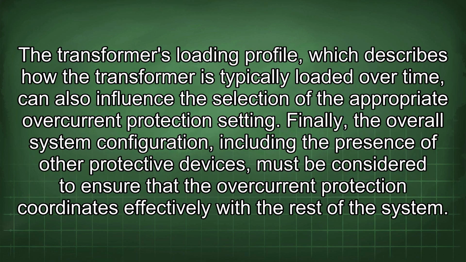The transformer's loading profile, which describes how the transformer is typically loaded over time, can also influence the selection of the appropriate overcurrent protection setting. Finally, the overall system configuration, including the presence of other protective devices, must be considered to ensure that the overcurrent protection coordinates effectively with the rest of the system.